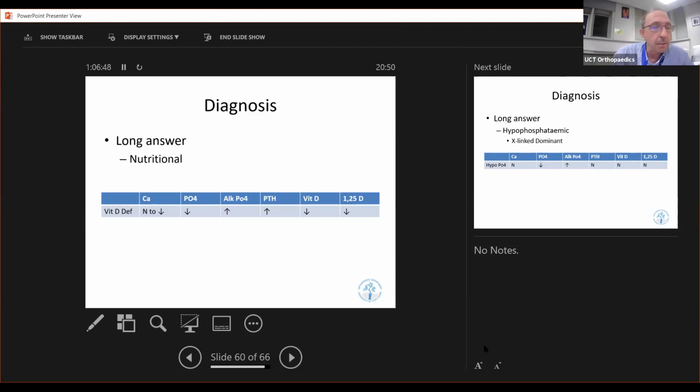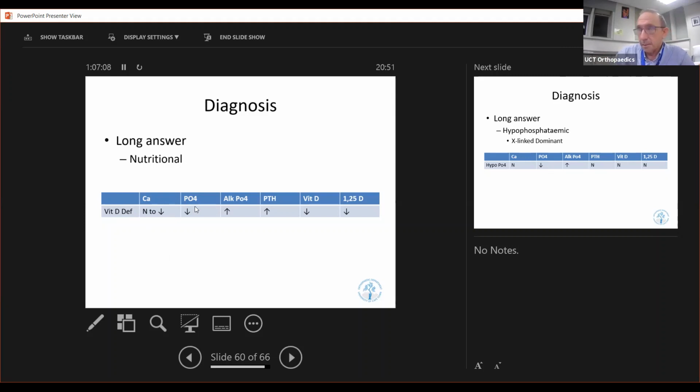The same thing applies in rickets, that you would be drawing from your bony reserves to keep your serum calcium homeostasis and ignore the fact that your bones long-term might become weaker. So you're going to maintain calcium in dietary rickets. You're going to lose phosphate.